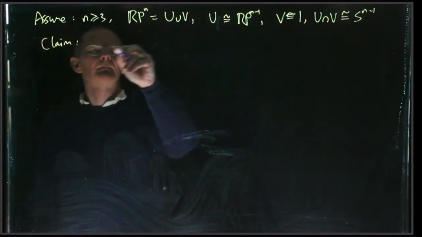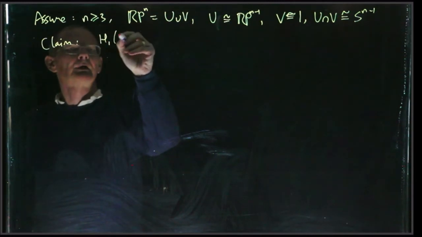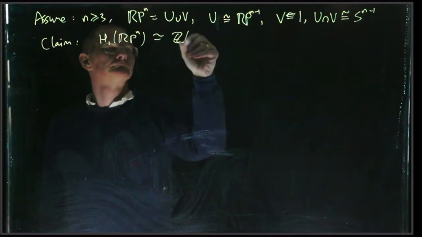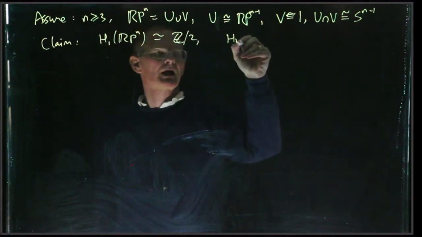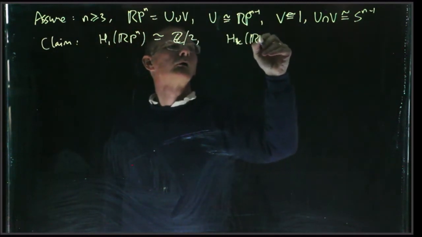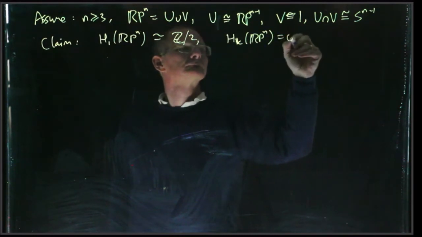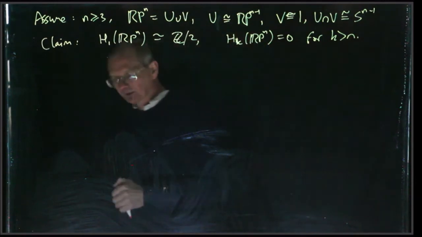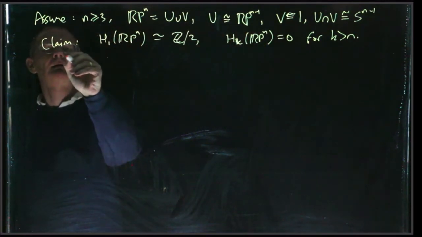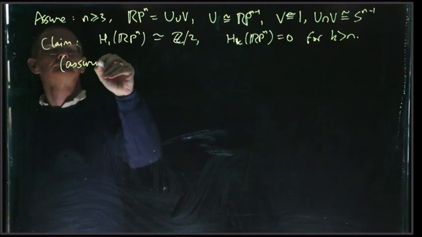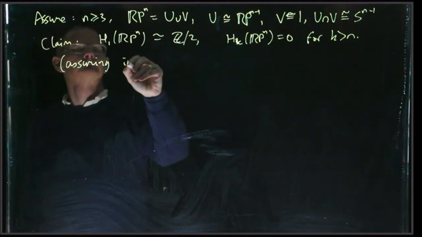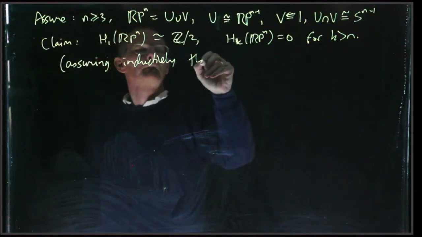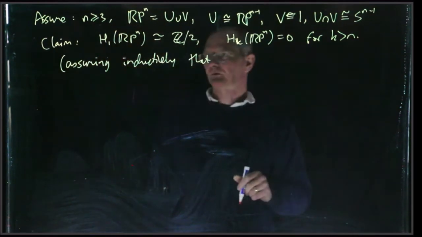We're going to claim that H1 of RPn is Z mod 2, and Hk of RPn is trivial for k bigger than n. We're proving this inductively, assuming the corresponding facts for n minus 1.